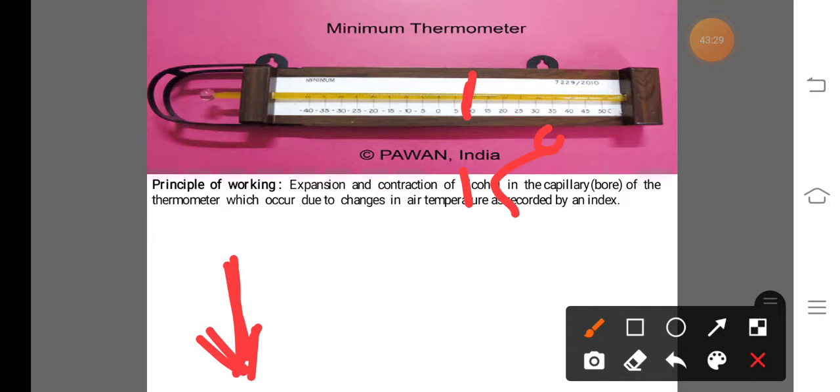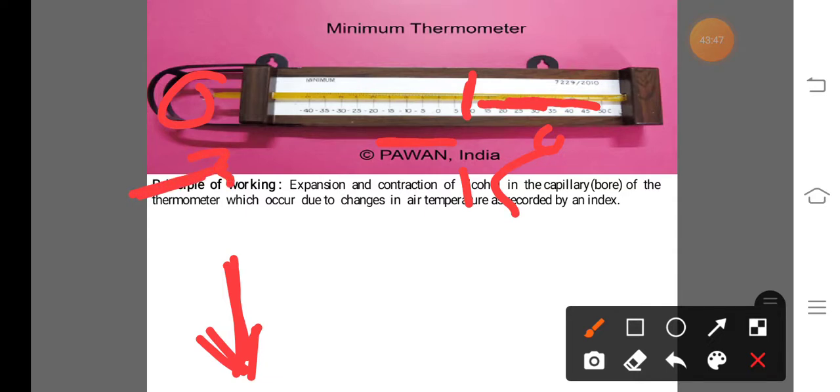At that time the alcohol expands or moves towards the minus point, and this index moves towards this bulb, that means towards the minus reading.